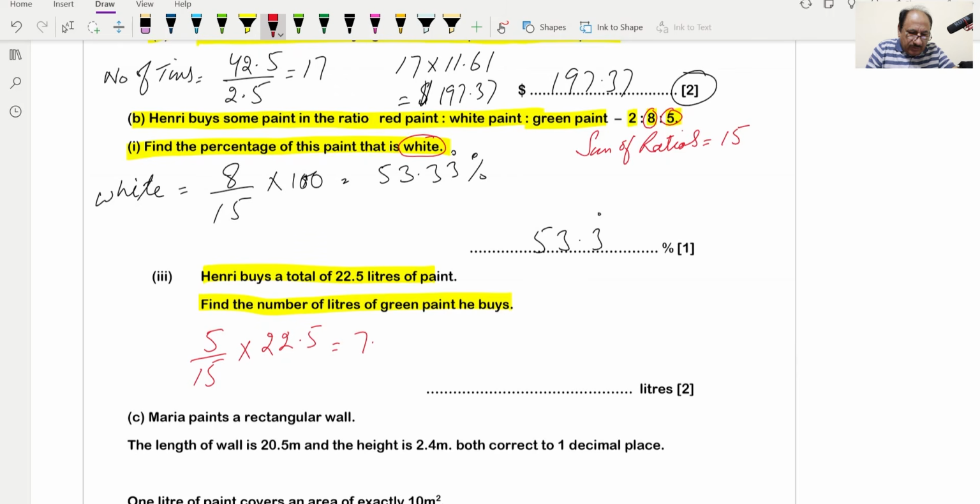This will be the answer over here, and 7.5 we will be mentioning.